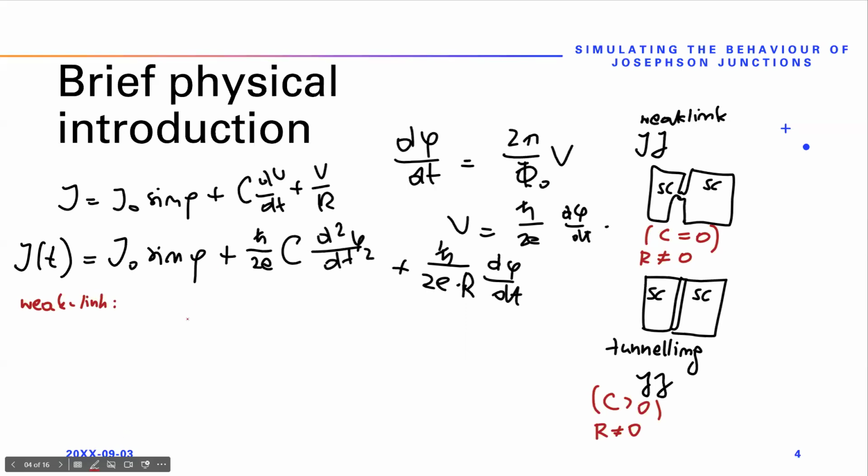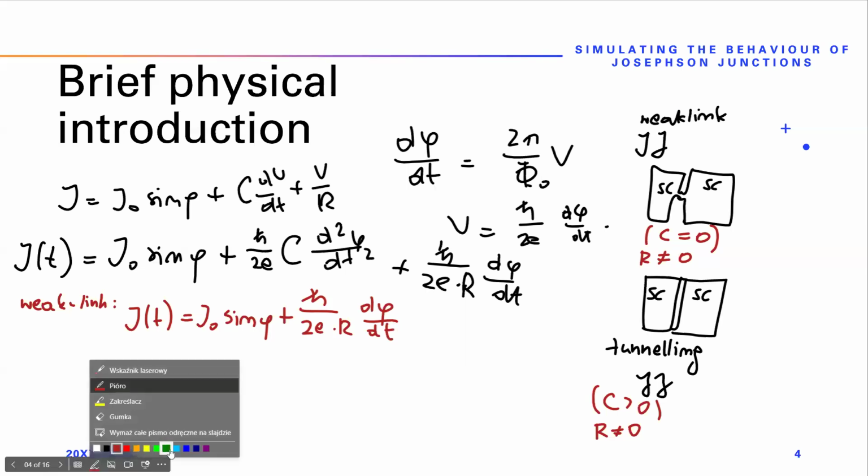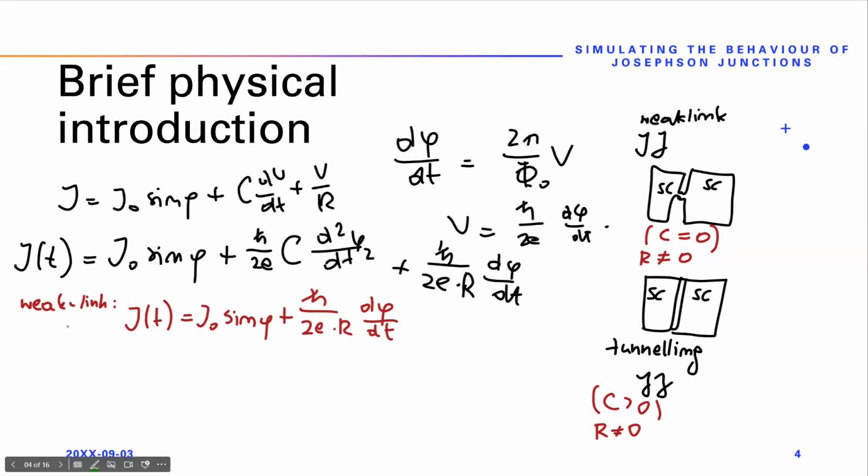So in one case you drop capacitance. There is no capacitance, so it gives you a very big simplification of the equation and its solutions. Yes, very well. And then write the second case.